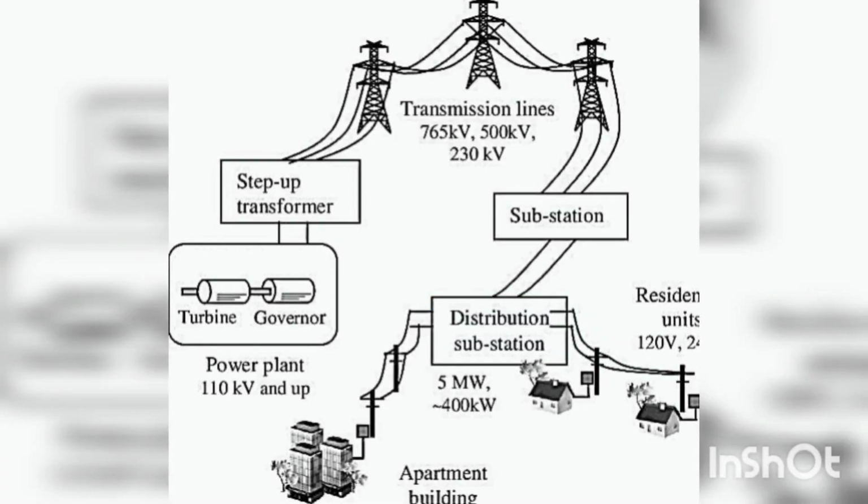Next, distribution. Mainly we will see what the major types of distribution systems are. First, what is a distribution system? The part of the power system that distributes electrical power for local use is called the distribution system.